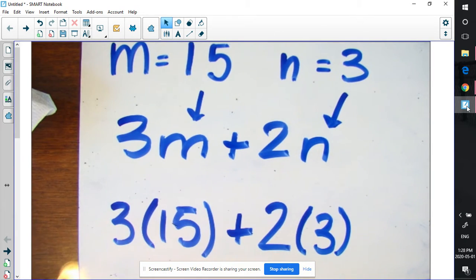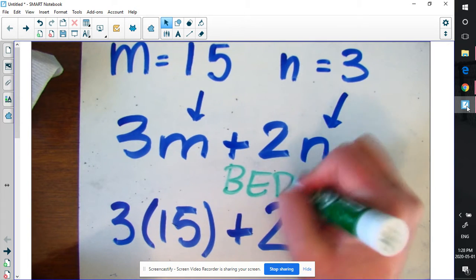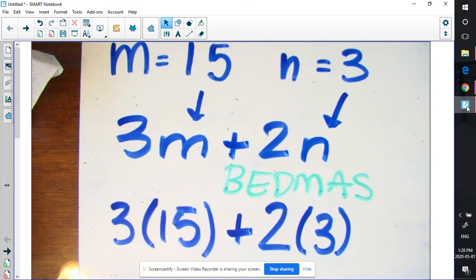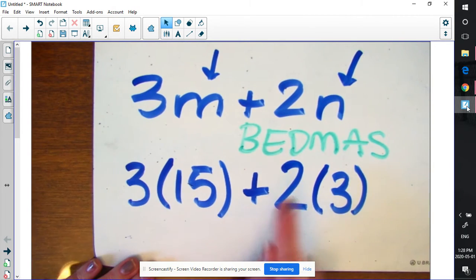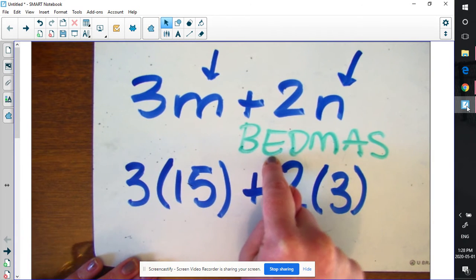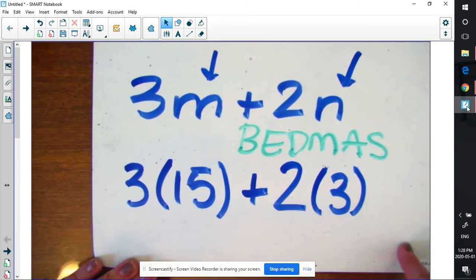Now remember, when you're solving these problems, you need to follow BEDMAS. So BEDMAS stands for brackets, exponents, division, multiplication, and addition, subtraction. So the first thing that we have to do, because we don't have anything to do inside the brackets and there are no exponents, is we start off with division and multiplication going from left to right.